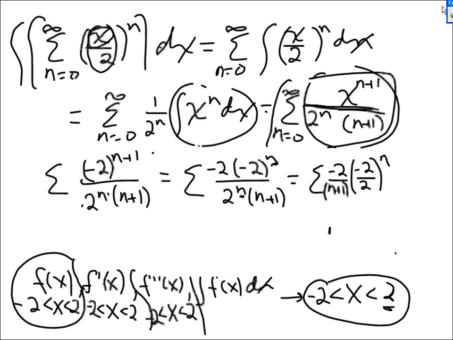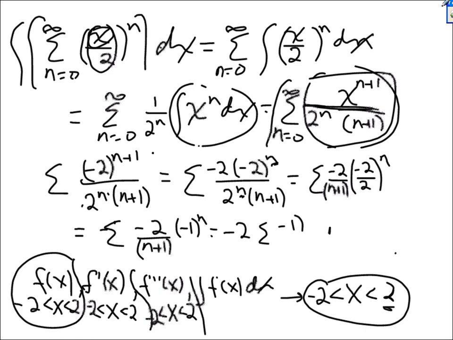The negative 1 to the n, that's the alternating part. That is, we have an alternating series. We have the summation of negative 2 over n plus 1 times negative 1 to the n. Well, I can factor out the negative 2, and then I have the alternating harmonic series. This is the alternating harmonic, which converges.